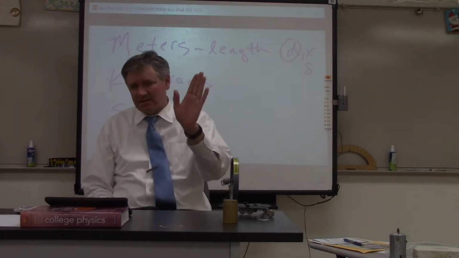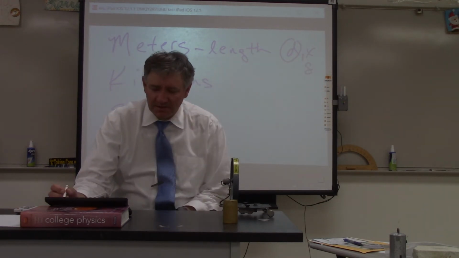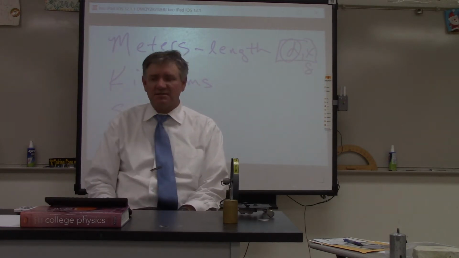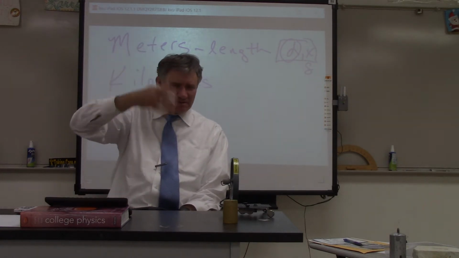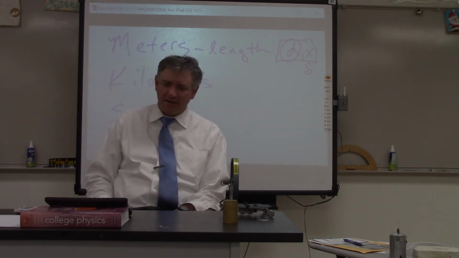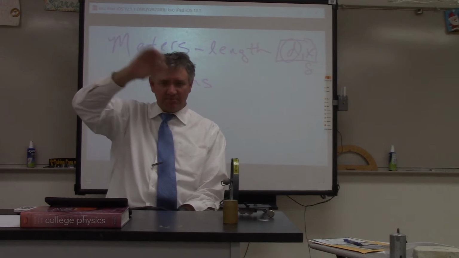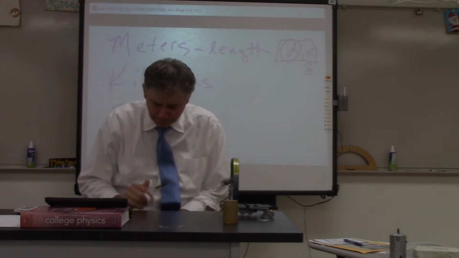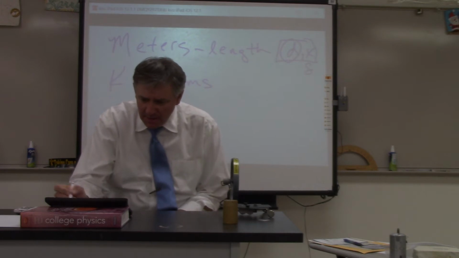I don't have the faintest idea. But what you're going to see most often is a D or an X. If you're talking about a vertical distance, sometimes you'll see that written as a Y value. So when we get into projectile motion, we'll talk about what happens in the Y versus what happens in the X. Not a big deal there.